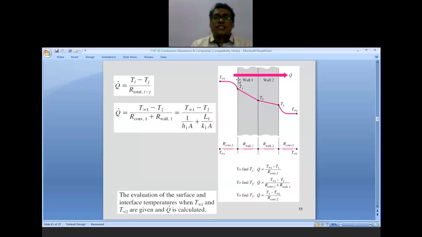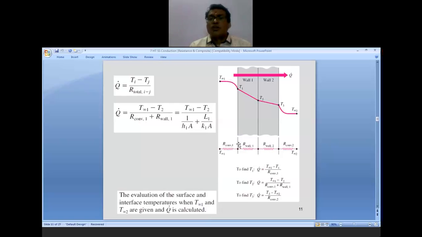Now, in this case, we are doing the T infinity 1 and T2 calculations. Right? So there will be only two resistances, the first resistance and the second resistance. Now, if we take T infinity 1 and T1, then only one convective resistance will be there.